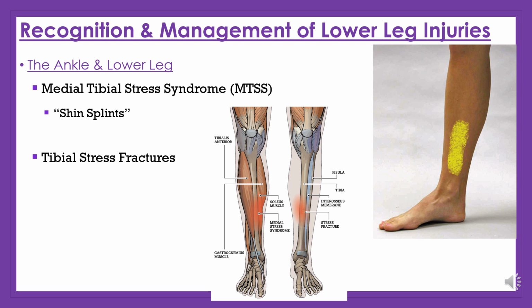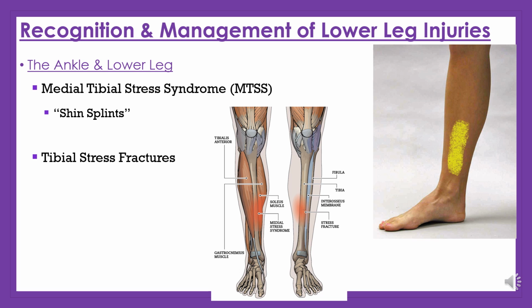I think that we as professionals in athletics and sports medicine need to start looking at this as a more serious injury. Very often in my career, I've heard athletes say something like, "Oh, I just have shin splints. Yeah, it hurts, but it's no big deal," right? Sometimes that's the case. Sure, it's not a big deal, but there are so many times where I've seen this progress into a stress fracture.